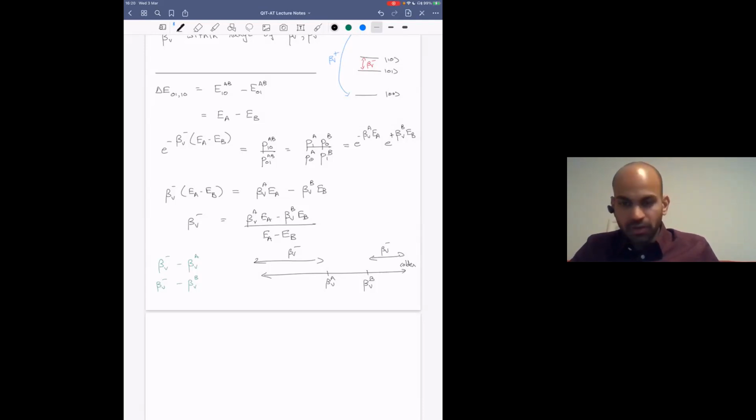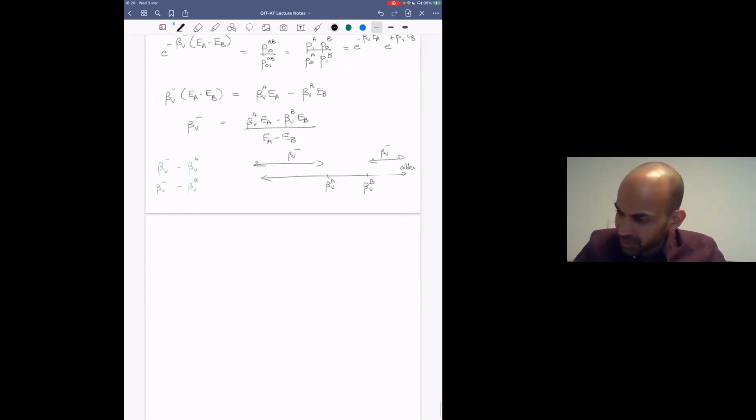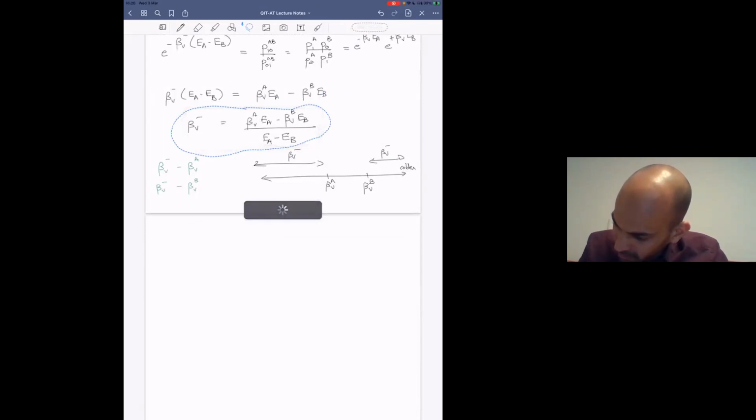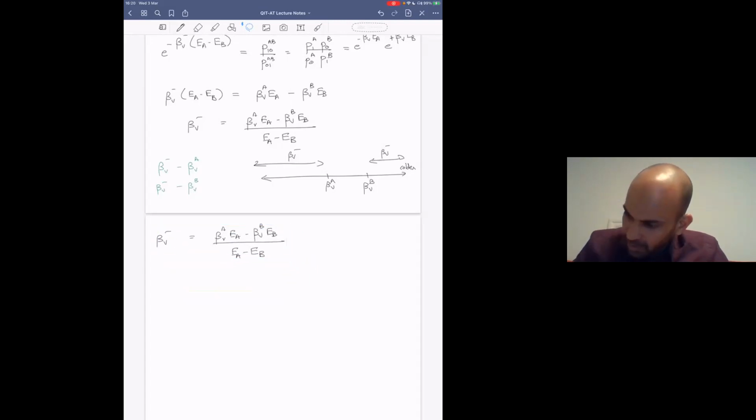Okay, a few more points to say here. Oh, sorry. This is not really bounded. So beta V minus can be made to be anything between minus and plus infinity if we are able to tune the energies EA and EB.